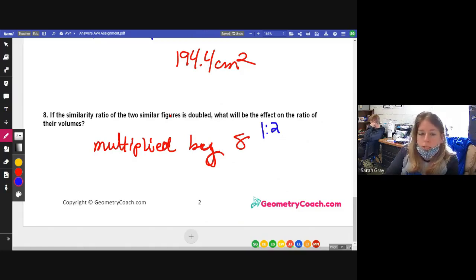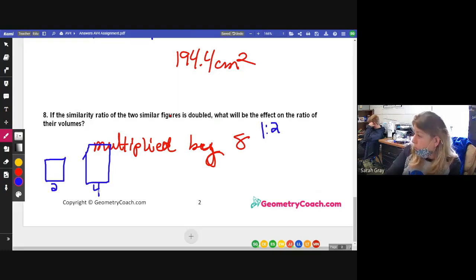So what's happening is, you have your box and it originally had a side of 2, and we're going to double it, so now it has a side of 4. So the similarity ratio is 2 to 4, which simplifies to 1 to 2. So if you have a similarity ratio that is doubling your shape, that means your area ratio is going to be 1 to 4.